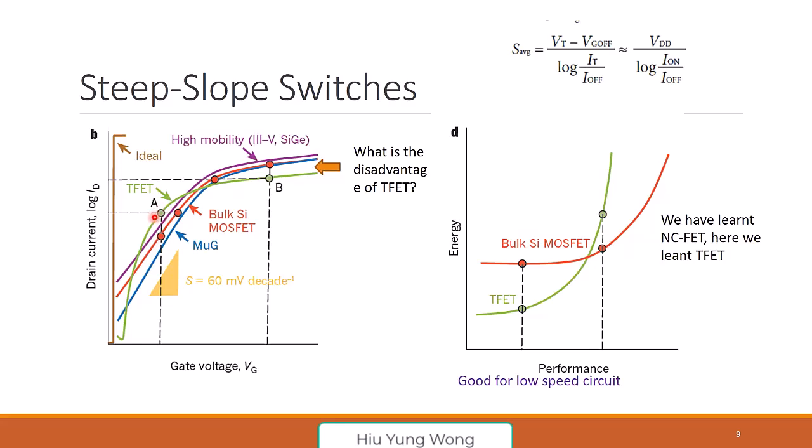The problem of tunnel FET is that it usually has low on current. This is the problem. We cannot do it well at this moment due to its physics. So we can have a very steep subthreshold swing, but the on currents usually cannot compare with other devices.